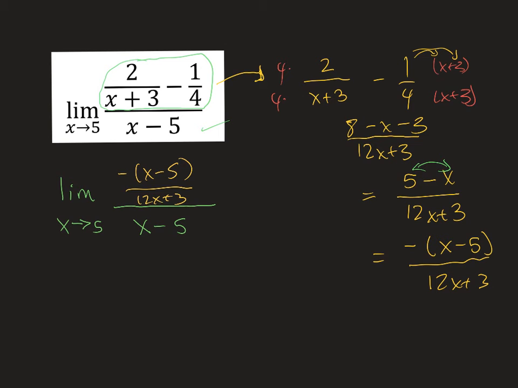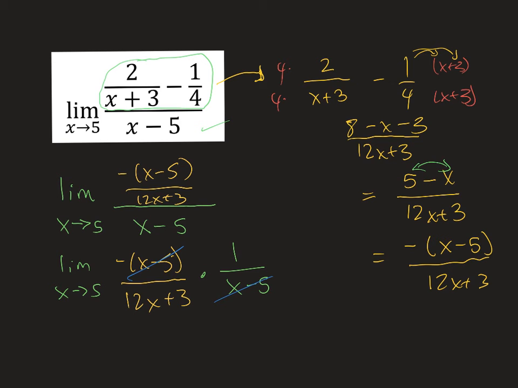Then we can rewrite this as the limit as x approaches 5 of the yellow stuff in the numerator, negative x minus 5, over 12x plus 3, and I'm going to multiply by the reciprocal of this x minus 5, which is 1 over x minus 5. This is great news because I can now cancel these out. That was the term that was giving me the business.